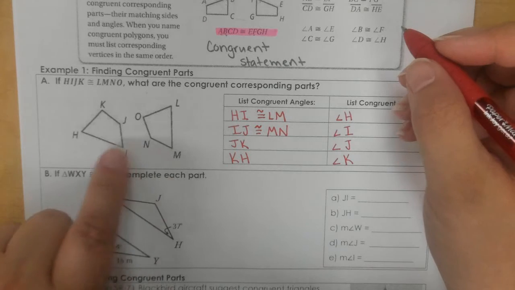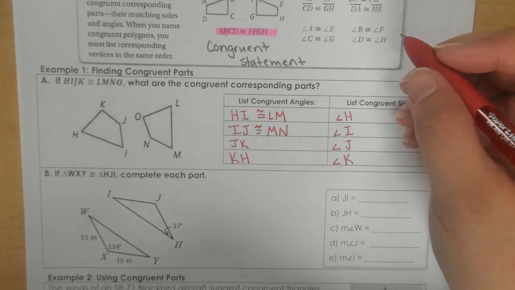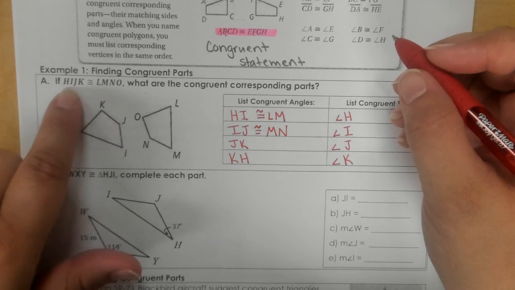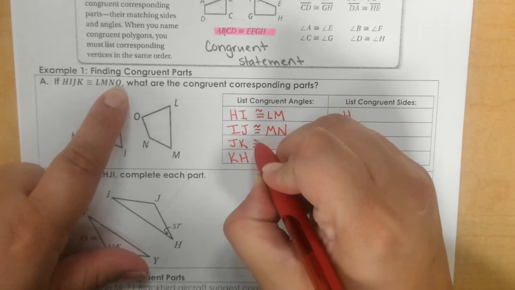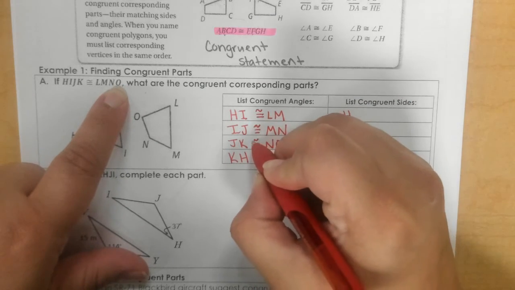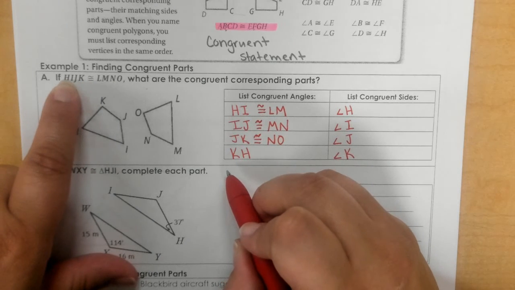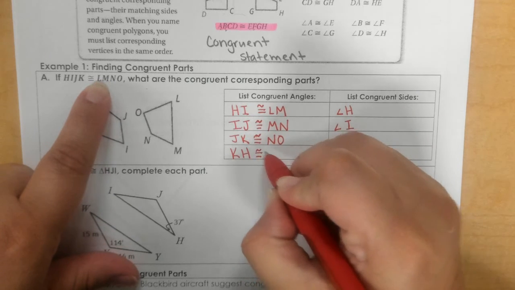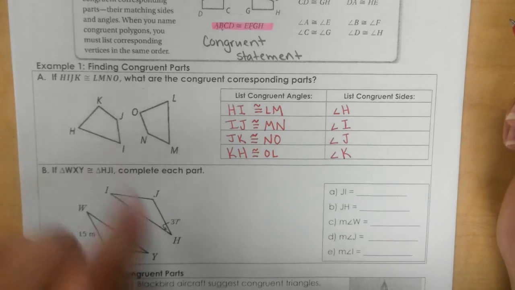And yes, of course, you could look at the images there and try to figure this out. It also is much easier just to look at the letters up here, the congruent statement. So JK is congruent to NO. And then lastly, we have K to H, so O to L. So KH is congruent to OL.